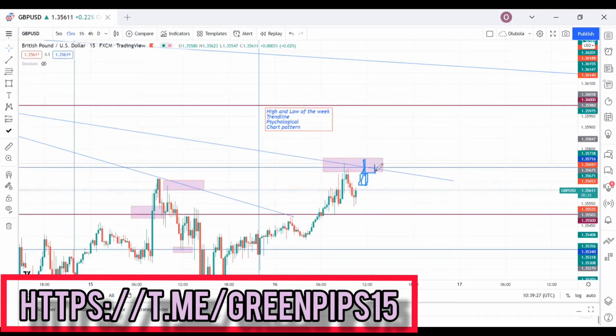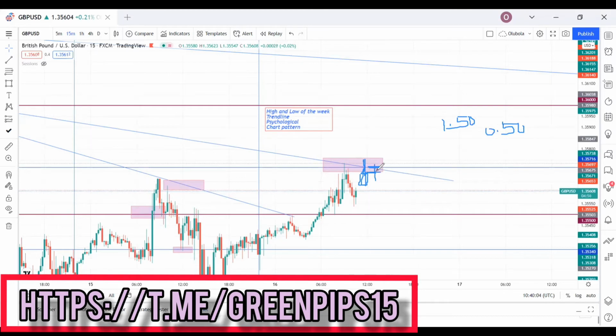Probably before melting down. At this point, for instance, if I'm risking 1% of my account, let's say 1% of my account is 1.50 lot size, just for instance. I divide this 1.50 into 3. So I have 0.50, right?